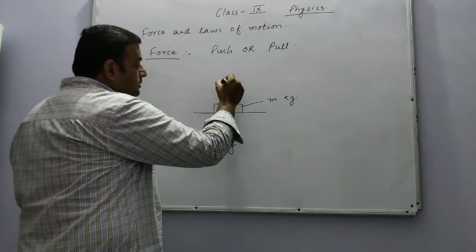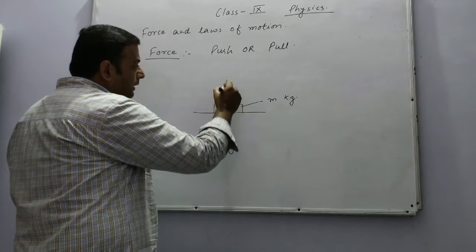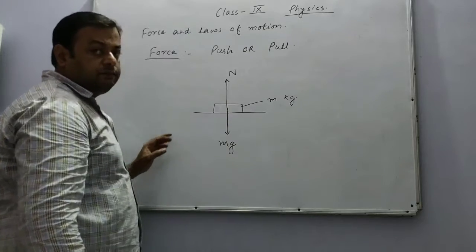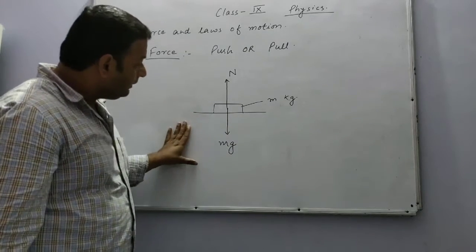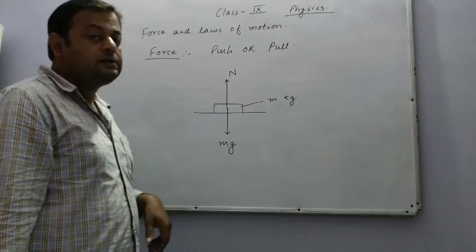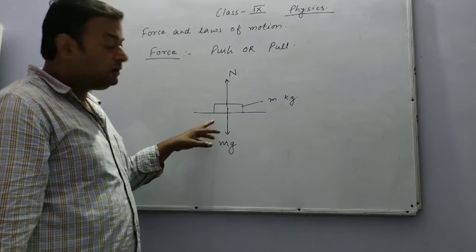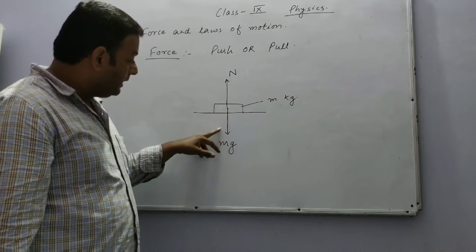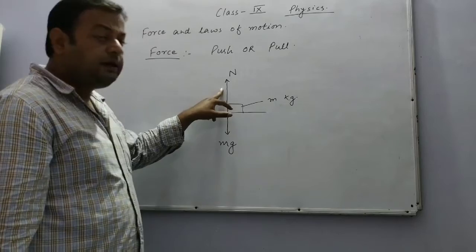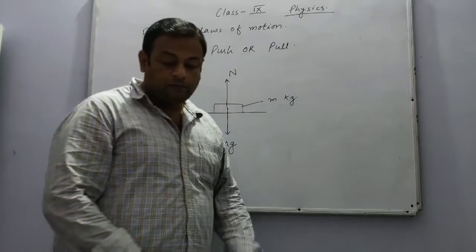Similarly, another force acts perpendicularly upward, which is called the normal reaction. So if we have kept a book on the table, there are two forces essentially acting on it: mg acting vertically downward, and the normal reaction acting vertically upward.